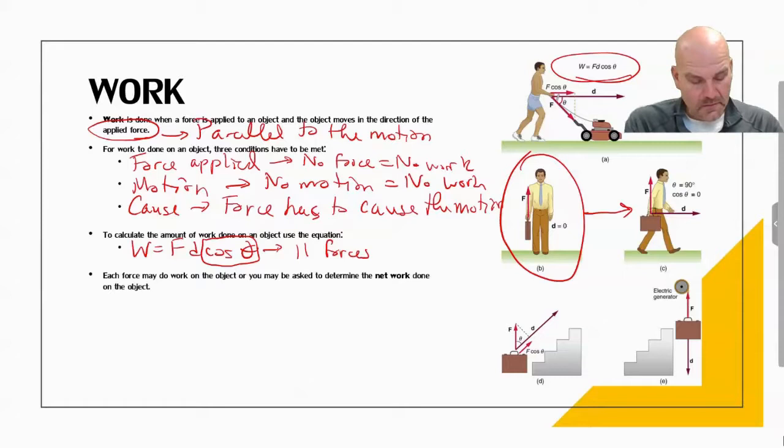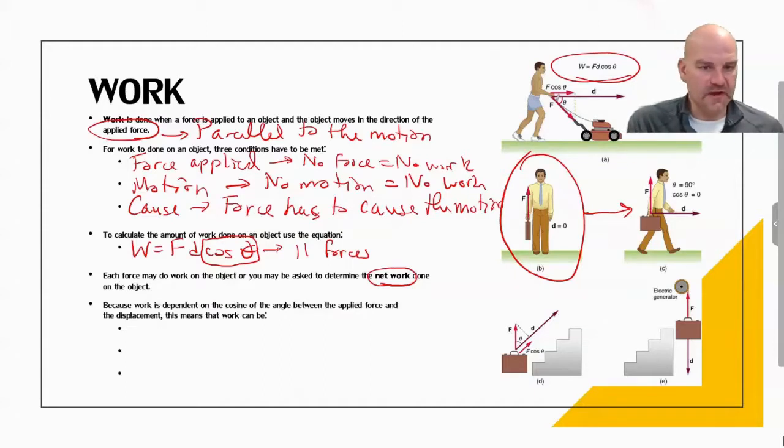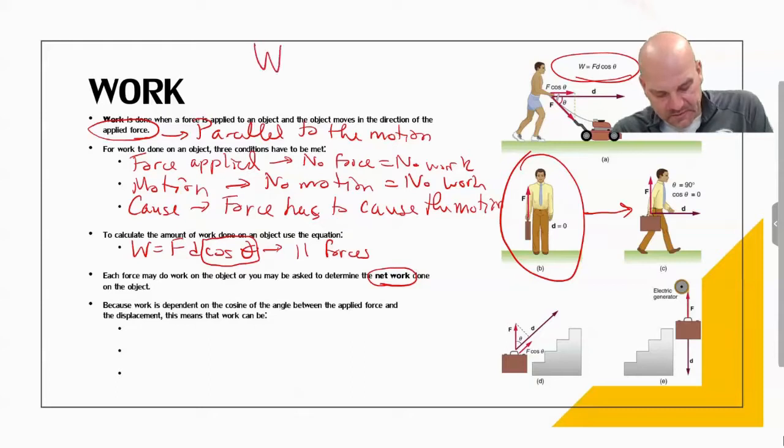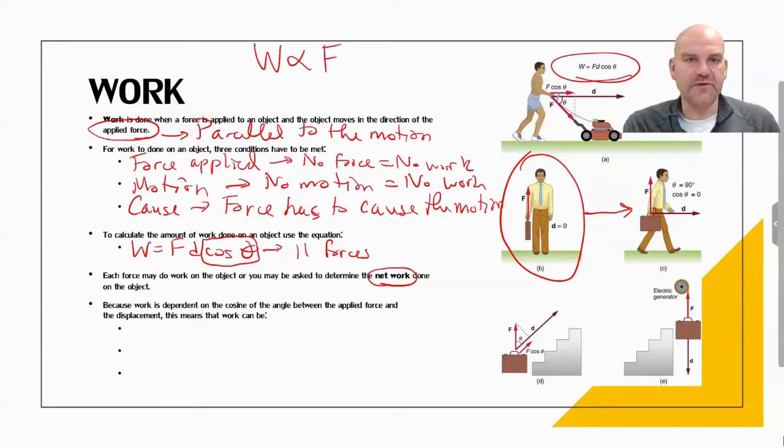Now, each force that you apply to an object has the ability to do work. And so sometimes you're asked to find the net work. Because work is dependent on that cosine, if you think about the relationships, work is directly proportional to the force. So more force equals more work. It's also dependent on the displacement or the distance traveled.